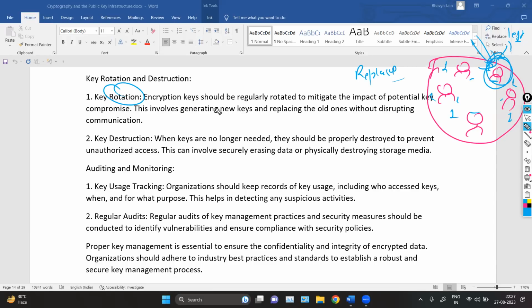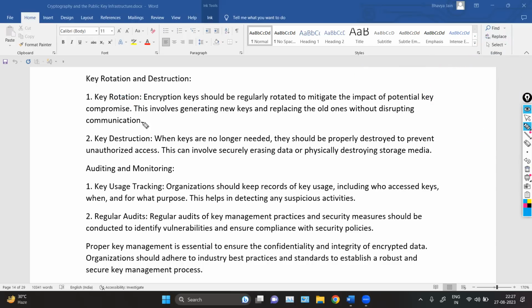So encryption keys should be regularly rotated to mitigate, which is reduce, the impact of potential key compromise. This involves generating new keys and replacing the old ones without disrupting communication.